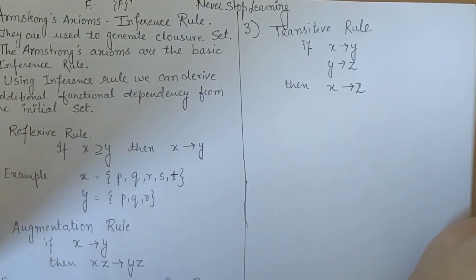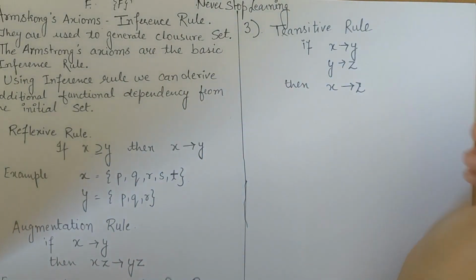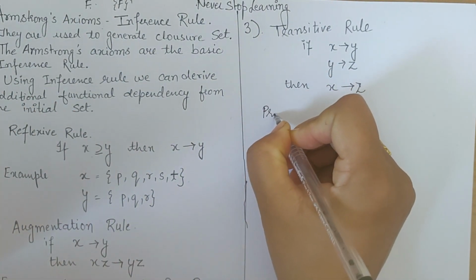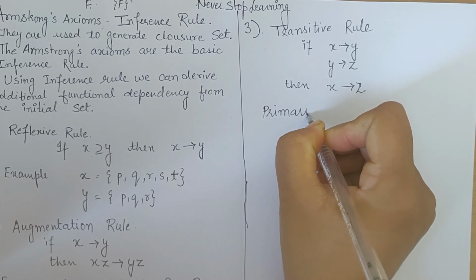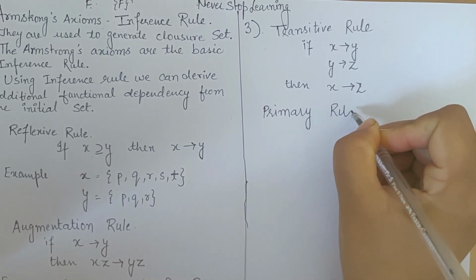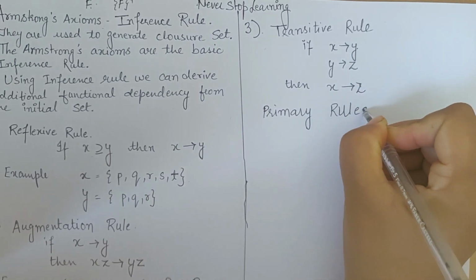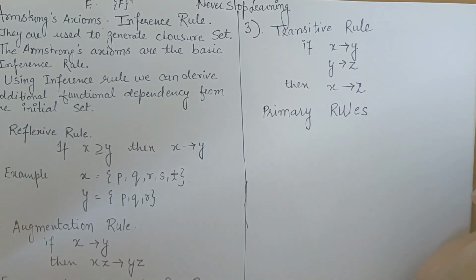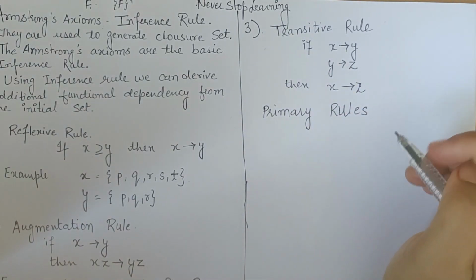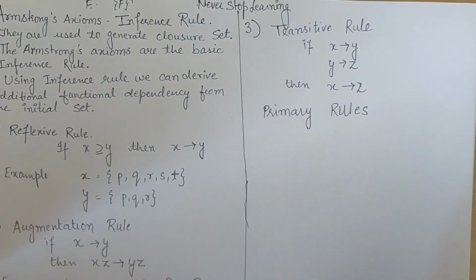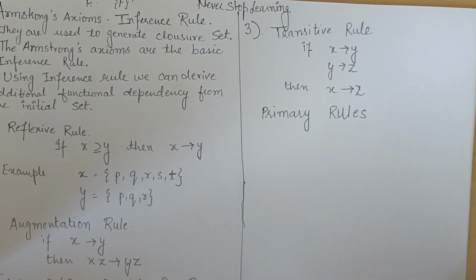So these three are known as primary rules. Why are they primary rules? Because other secondary rules can be derived from these primary rules, but these primary rules we cannot derive from any other rule. That's why they are primary rules.